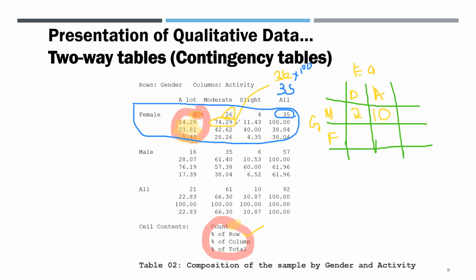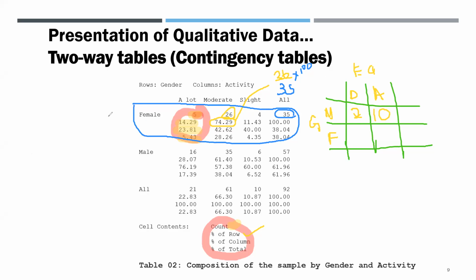Here you can say, out of females, 74.29 percent have the moderate activity level. From the females, 74.29 has the moderate activity level.